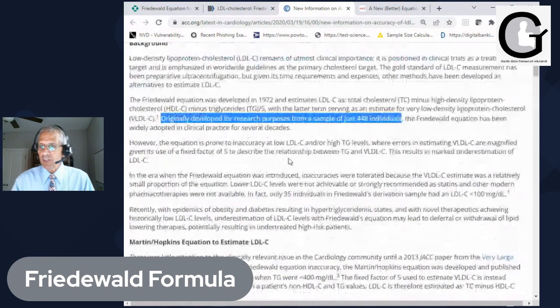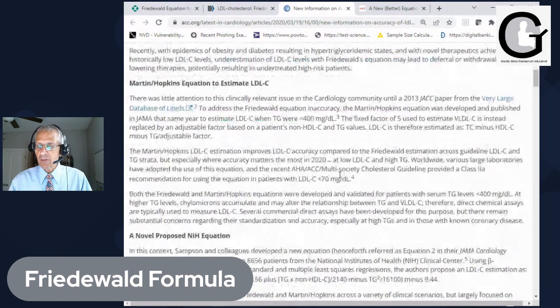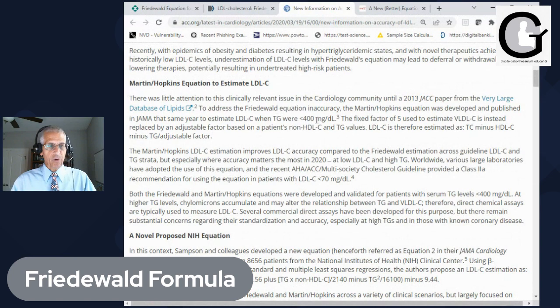So what they wanted to do, in 2013 they did a paper, and they decided that, hey, look, there's a problem when you're estimating LDLC when the triglycerides were less than 400. 400 is pretty high triglyceride, folks.